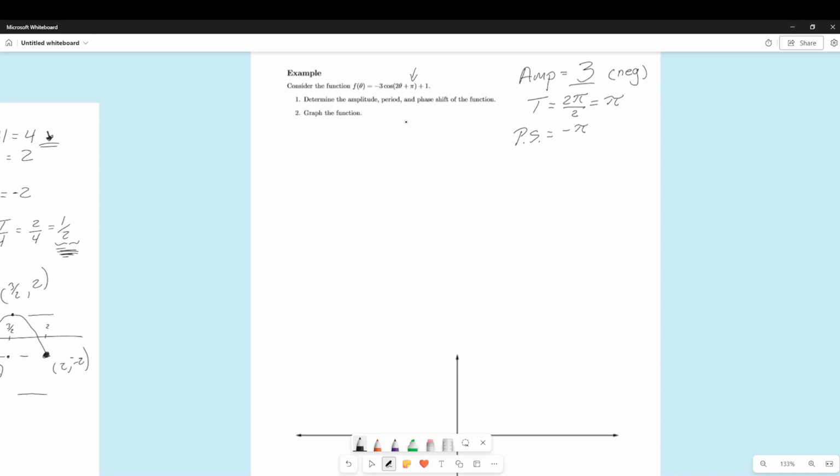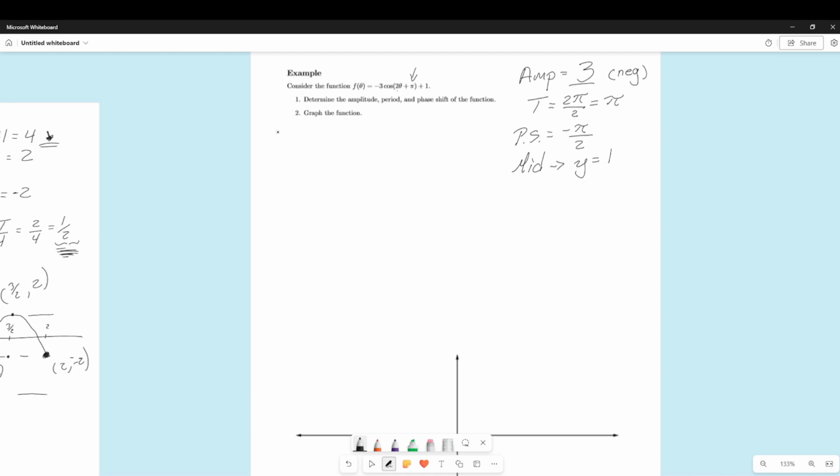But also remember your direction's backwards, so it's going to be going in the negative direction to the left. But also, don't forget to divide by that compression factor. So our phase shift is going to be negative pi over 2. And then our midline is going to be at y equals 1.